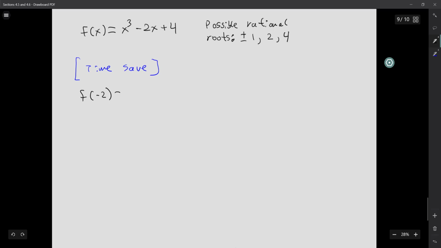f of minus 2 is equal to, let's see, what do we get? We're going to get minus 8 plus 4 plus 4, which is 0 in the end. So I'm going to skip the long division for this one. I'm going to get f of x is equal to, I said minus 2, so this is x plus 2, and we're stuck with x squared minus 2x plus 2 as a result.